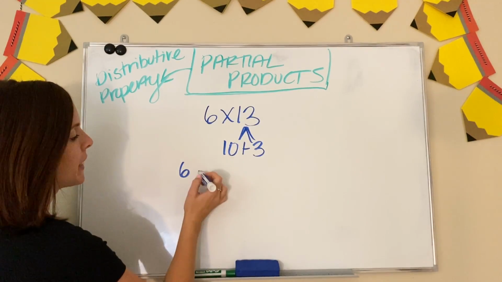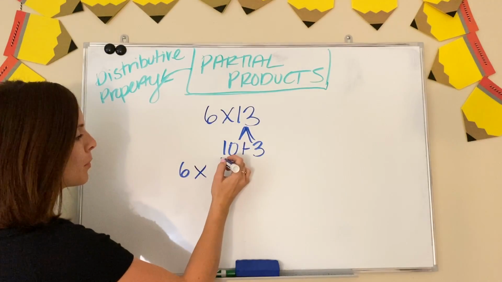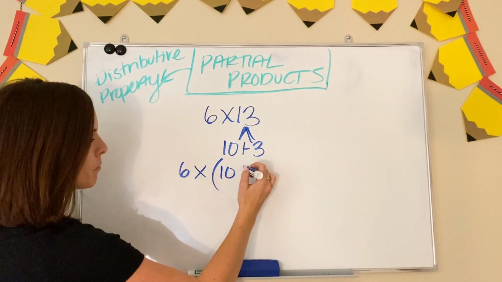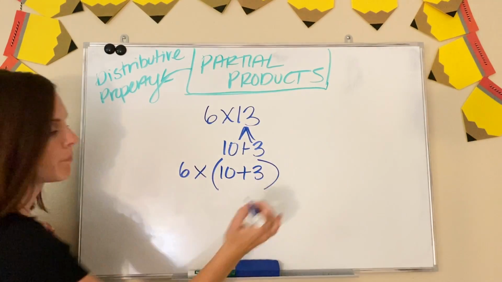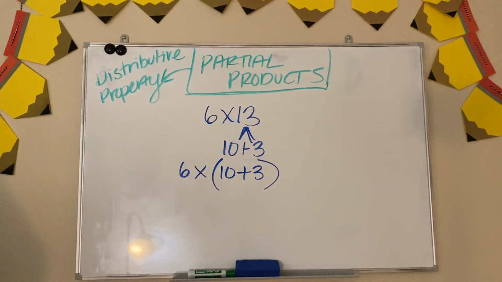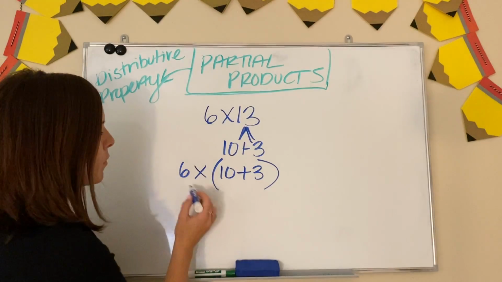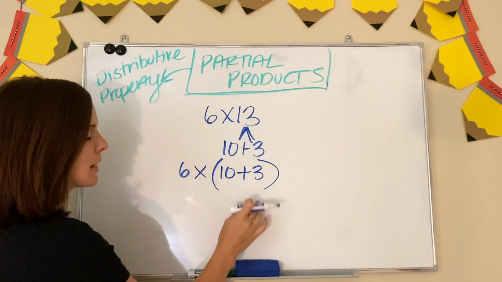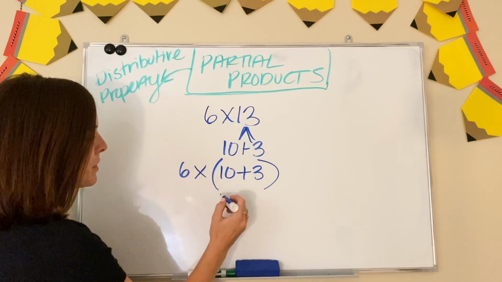So now I'm gonna go ahead and write 6 times parentheses 10 plus 3. So now what that means is that I need to multiply 6 times my 10 and 6 times my 3. So I'm going to rewrite that again.